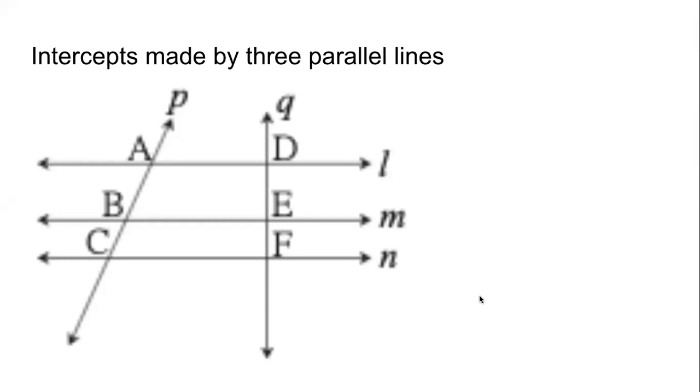Do you remember? Can you share? So if we say that L, M, N are parallel to each other, then lines P and Q are intersecting these parallel lines, and such lines are called transversals.